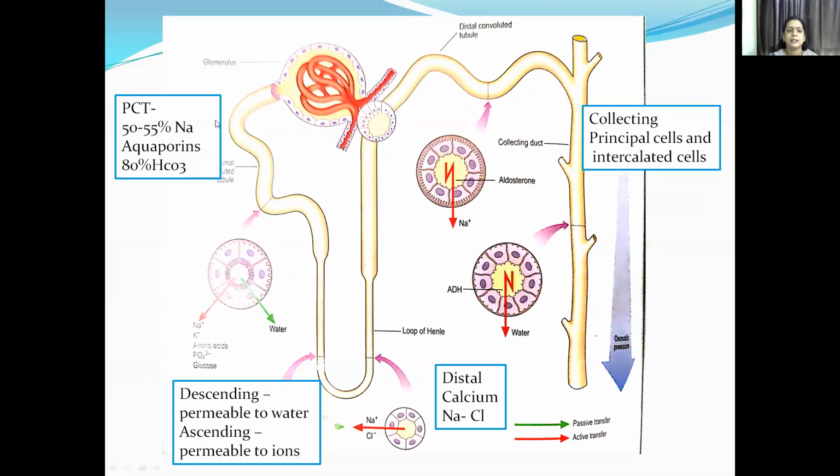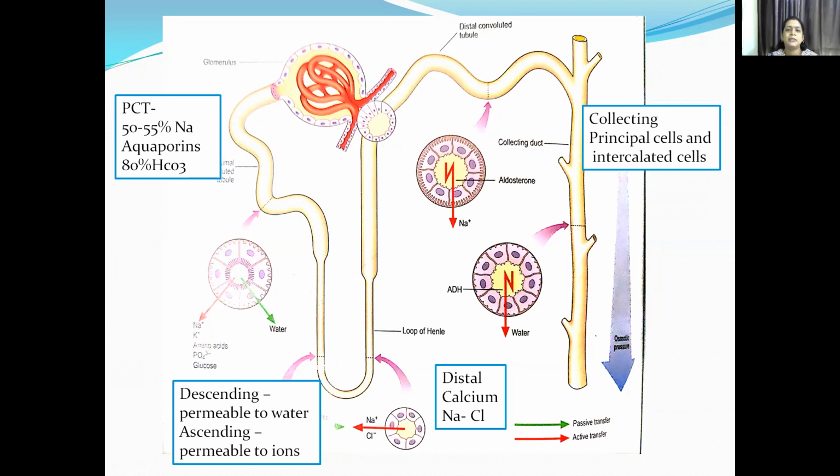So what happens in the proximal convoluted tubule is that almost 50 to 55% of the sodium gets reabsorbed. Co-transported along with the sodium are the potassium, amino acids, phosphate, and the glucose.